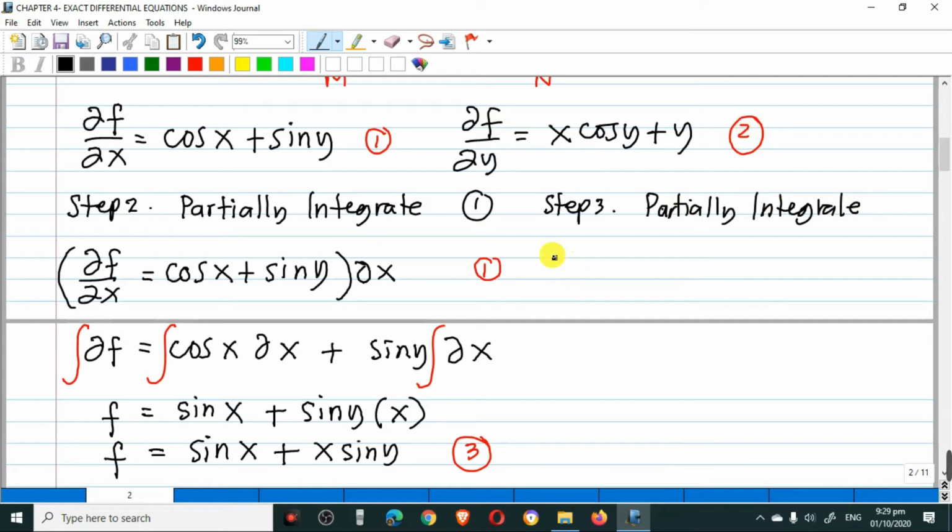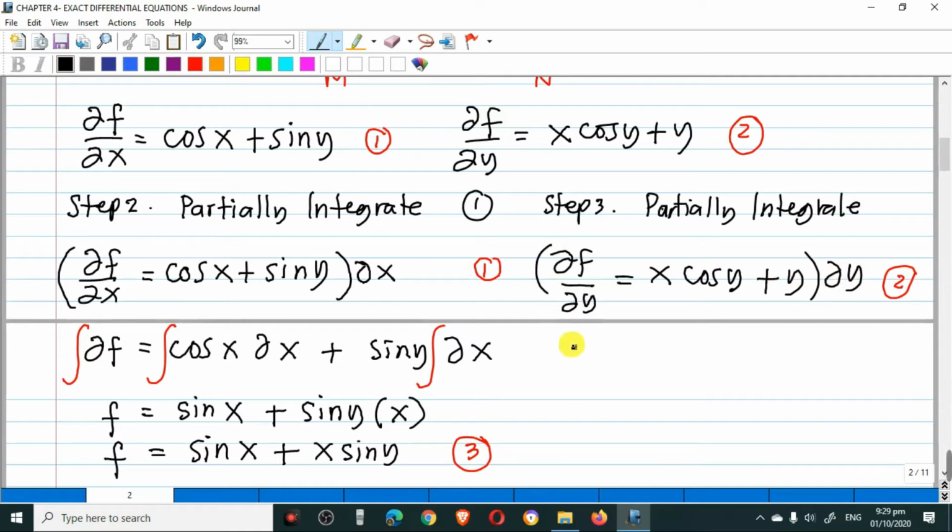Let us copy the partial derivative of the function with respect to y, equal to x cosine of y plus y. This is our original equation number 2. Simplify first before we do the integration. Multiply both sides by the partial derivative of y. Then do the simplification.